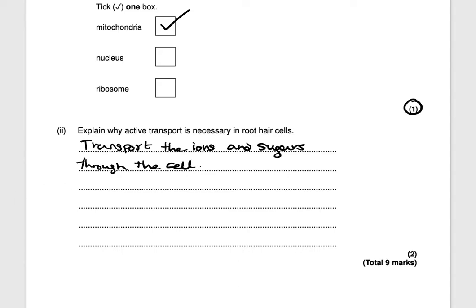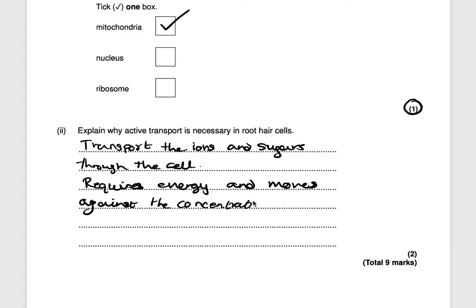And remember, it's moving from an area of low concentration to an area of high concentration, so it requires energy and moves against the concentration gradient. Okay, and that would be worth 2 marks.